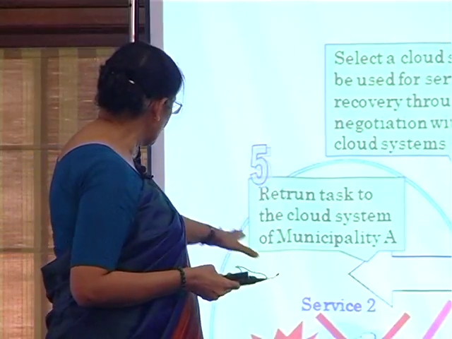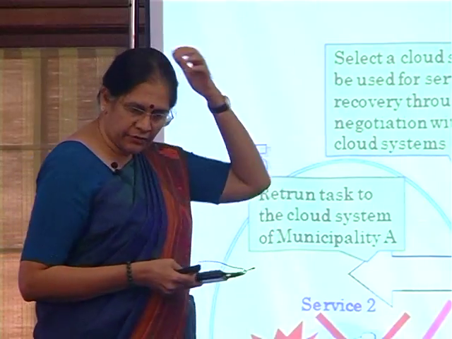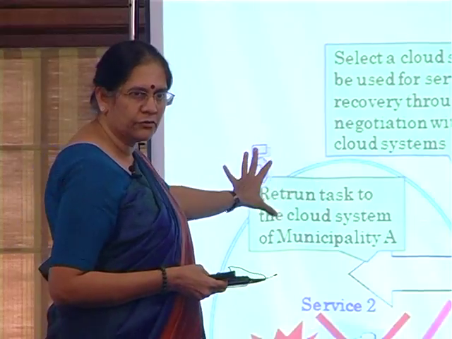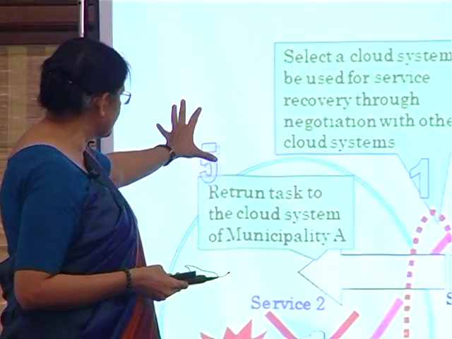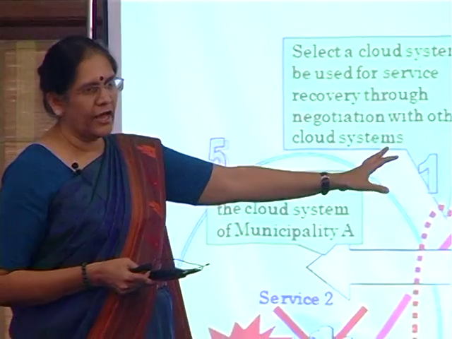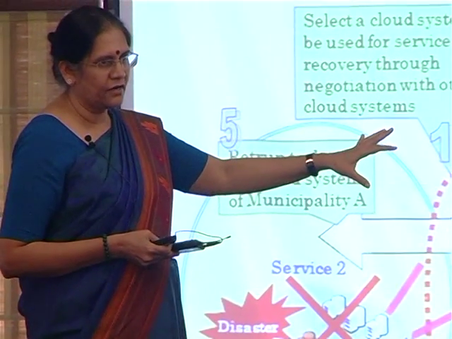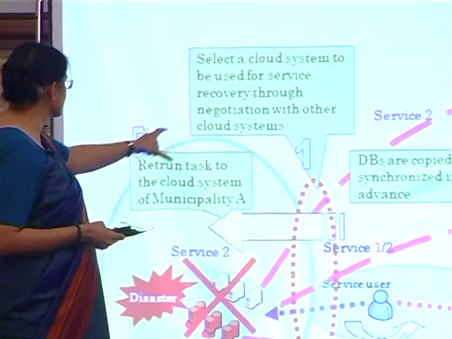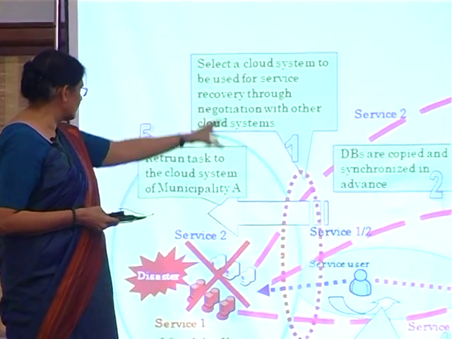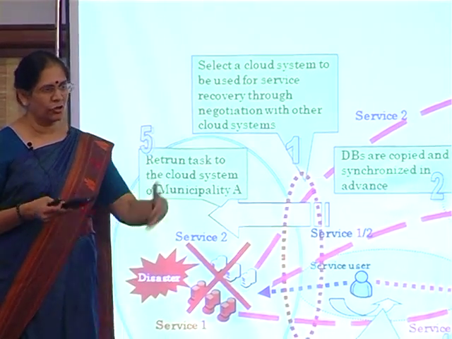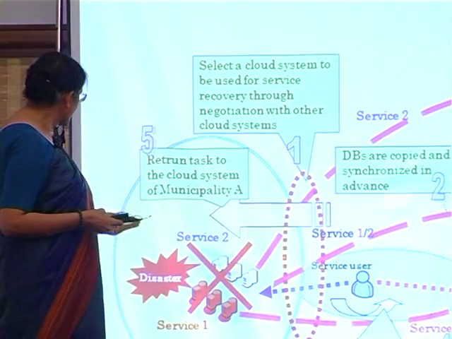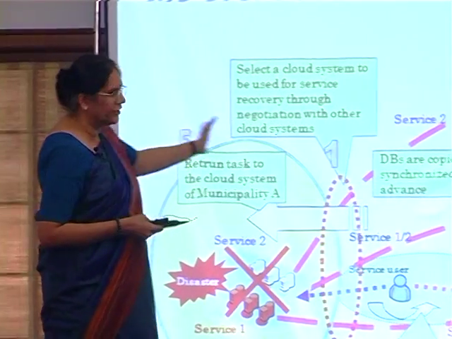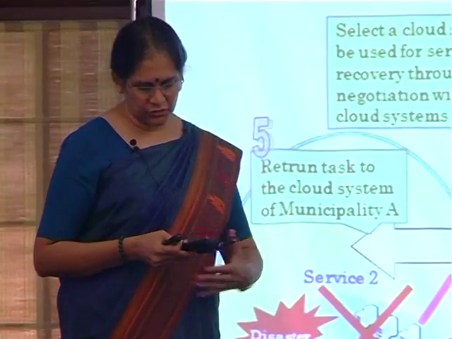So every time you are changing your information, the database gets synchronized at the disaster recovery site as well, automatically. And there may be multiple sites, right? Instead of one site, you may have 2 disaster recovery sites, depending on the quality of SLA that you need. And when the disaster strikes, automatically your traffic gets routed there.